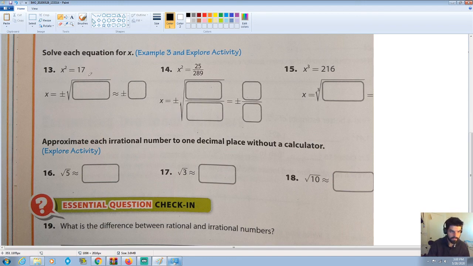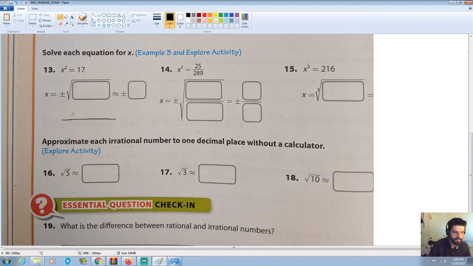A perfect square is defined as a number to where if you took its square root, you would get an integer. 17 is not a perfect square, but what we can do is approximate by taking the two perfect squares that are closest to it and use that as a ballpark with the decimal that we can look at.